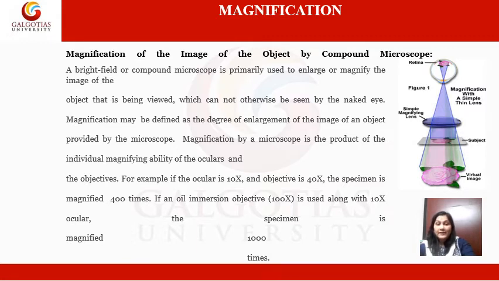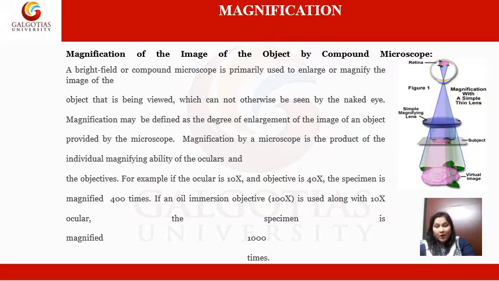And here the magnification of the overall compound microscope is the product of the individual magnifying ability of the ocular and the objective lens. For example, if the ocular is 10x and objective is 40x, the specimen is magnified 400 times. Now what is 10x and 40x?